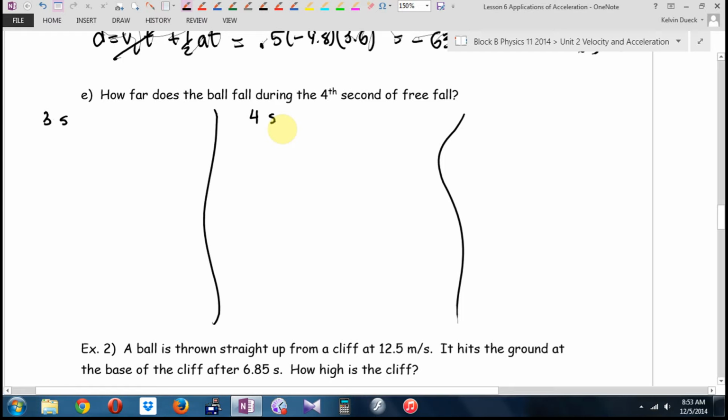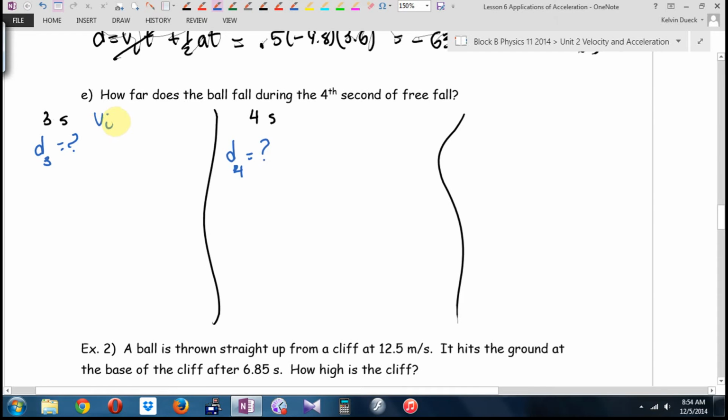How far, Colin, what does how far imply we want to find? Distance, yeah, okay. So I'm going to go D, you know what, I'll call this D3 for 3 seconds. I'll call this D4. Question mark? Question mark. What else do we know?